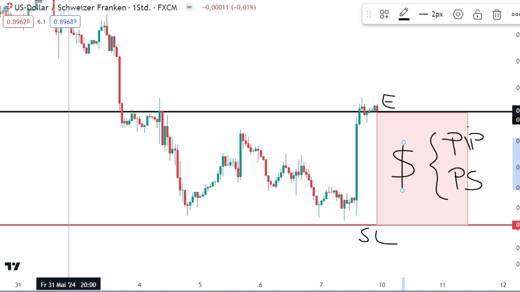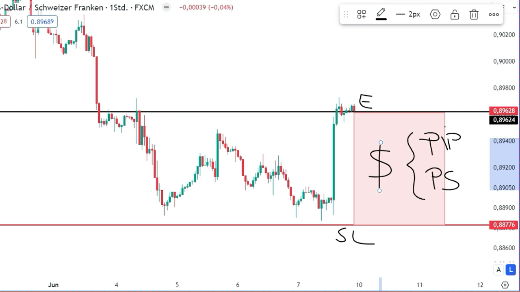Of course, like I said, every trader has to deal with losses. There's no way around it. There's no professional trader that is not losing money. This is part of the game, but of course, we need to limit those losses in order to trade profitably long term. In this case, our pip size, we have to calculate from 962.8 to 877.6.